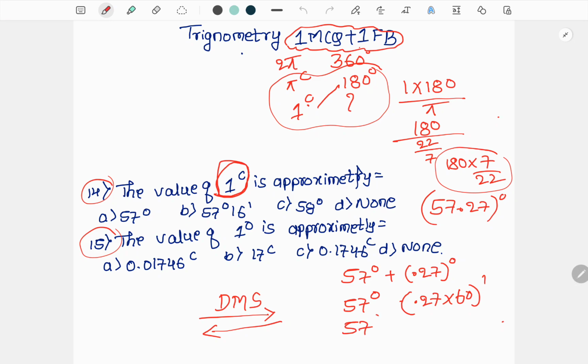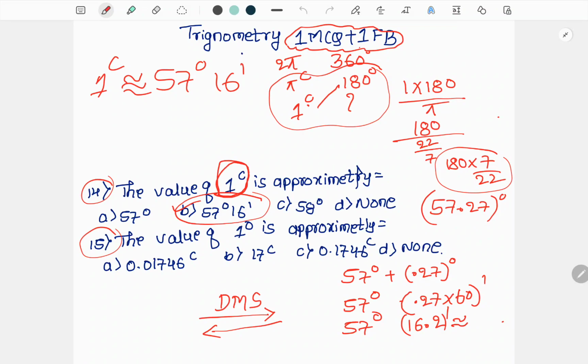So 0.27 if you multiply by 60, you will get 16.2. So approximately we will consider this as 57 degree 16 minutes. So the 1 radian value is approximately equal to 57 degree 16 minutes.